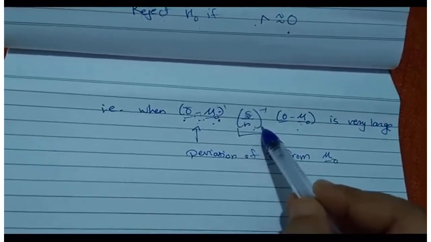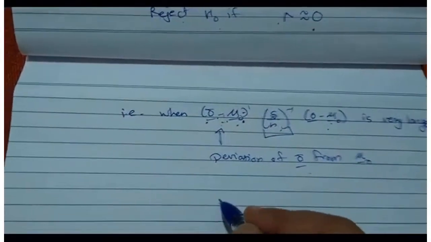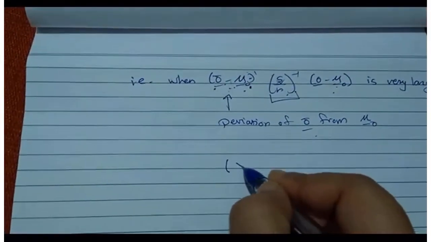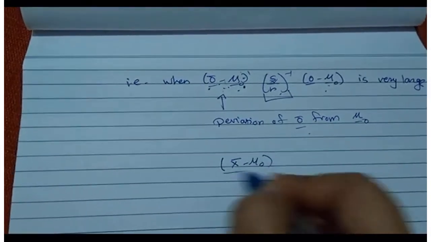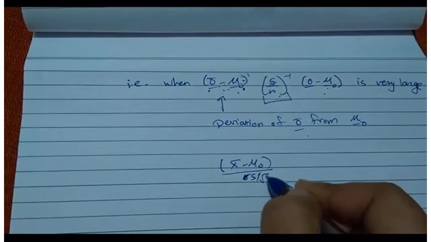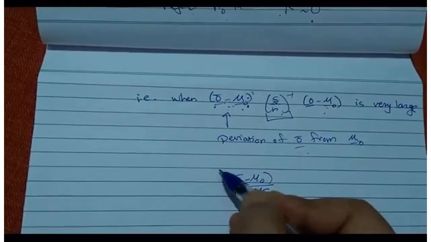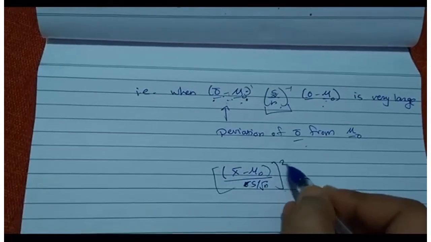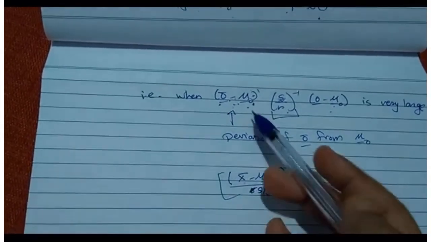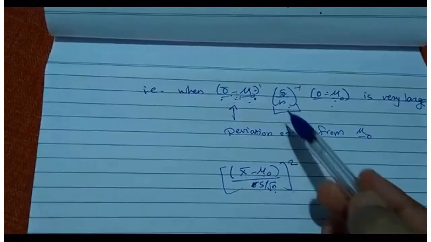And this comes up as a scaling factor. If you remember your t statistic from the univariate setup, this is equivalent to that. So in the univariate setup, we used to have x bar minus mu naught upon sigma by root n or s by root n. So this is something similar, except we are taking the square of it. So x bar minus mu naught is getting squared, prime, and this s by root n is also getting squared.